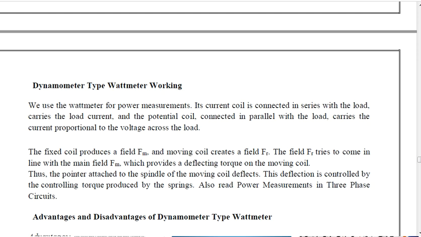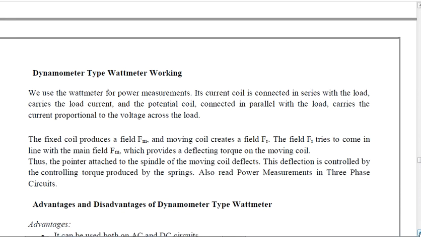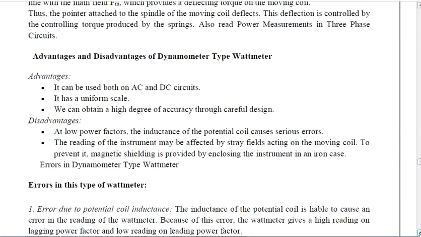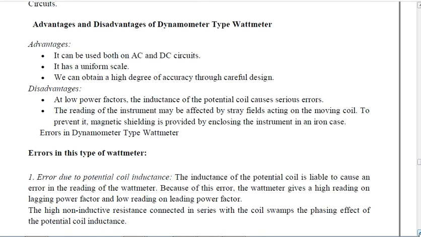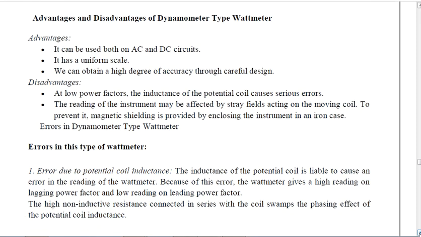Then we will discuss the advantages and disadvantages of a dynamometer type wattmeter. The advantages: it can be used for both AC and DC circuits, it has a uniform scale, and we can obtain a high degree of accuracy through careful design.